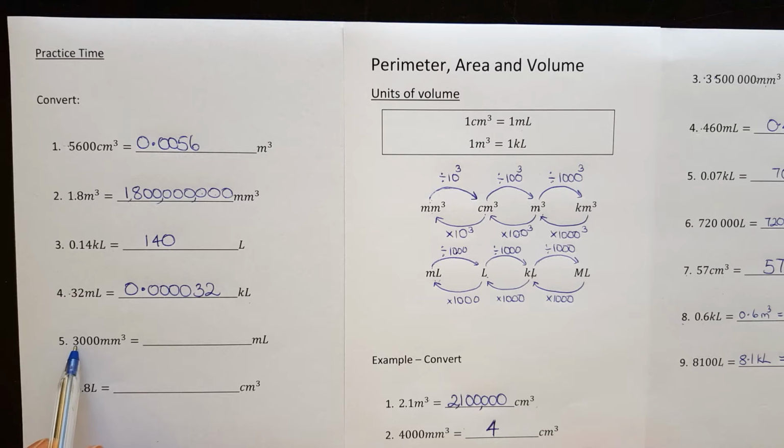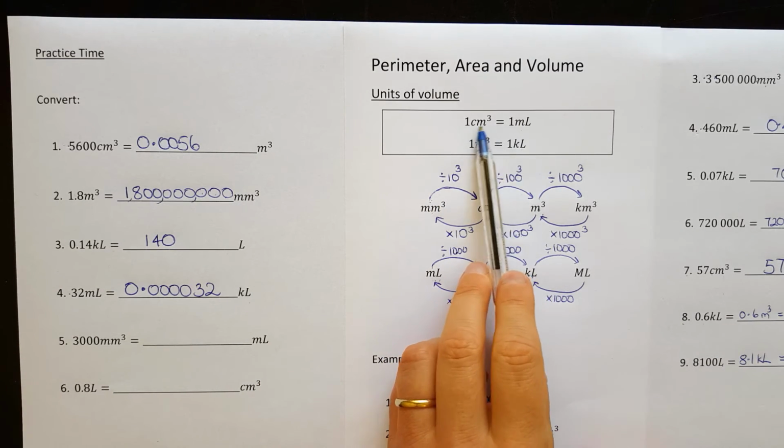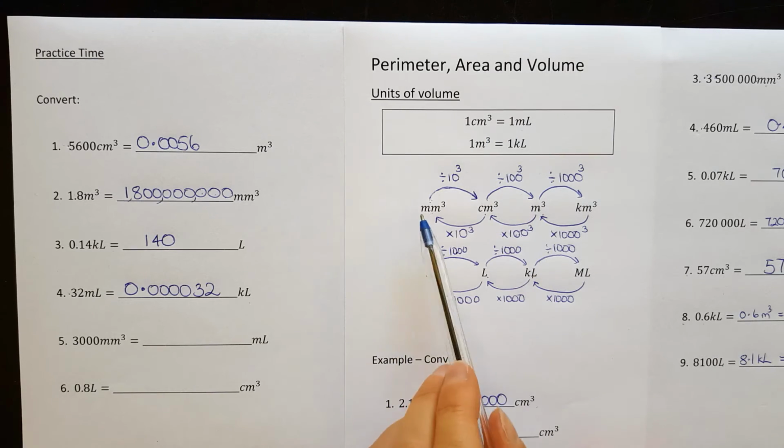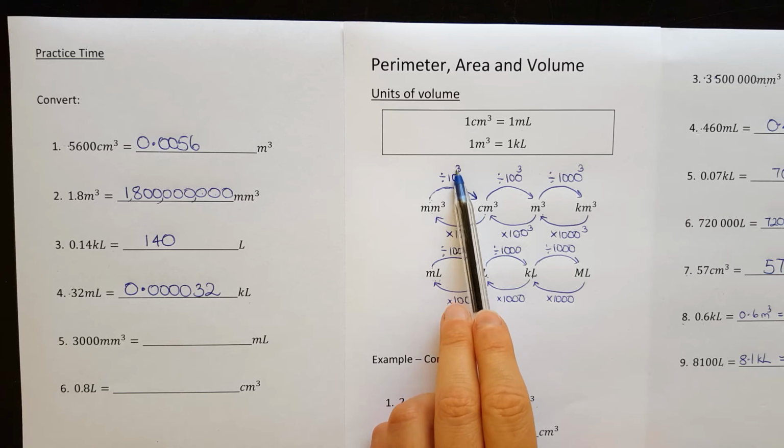Question 5, 3,000 millimeters cubed into milliliters. Well, millimeters don't convert into milliliters very well, so we could convert the millimeters cubed into centimeters cubed, because that does convert to milliliters. So let's first of all, millimeters cubed to centimeters cubed, that's divide by 10 cubed.